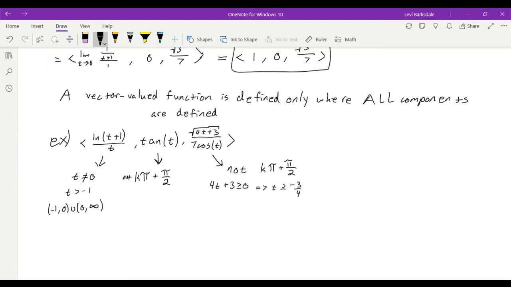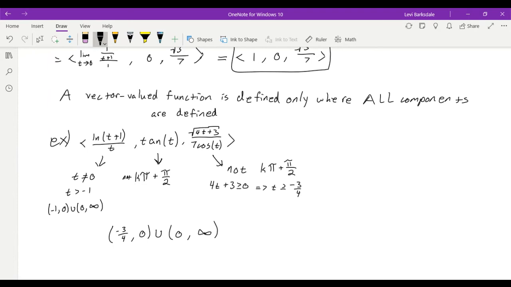All right, so then the total domain of this whole vector-valued function would be where all of these overlap. So we can look at t is bigger than -1 and say, well, t is bigger than or equal to -3/4 is more constrictive. So we need to start with -3/4. We go up to 0, but we know we can't include 0 because 0 is not allowed for our first component.